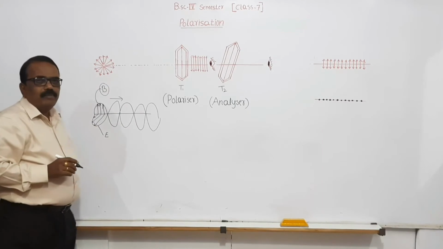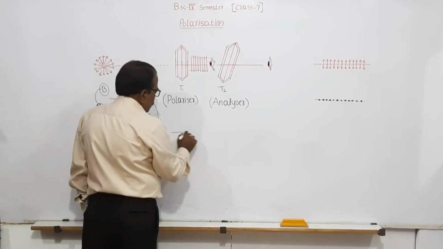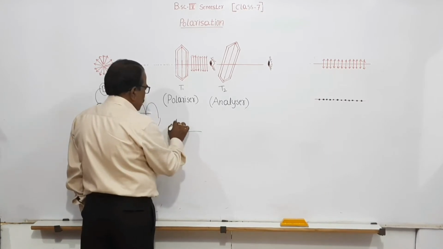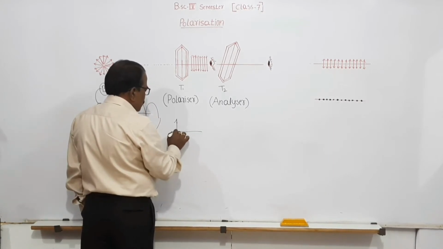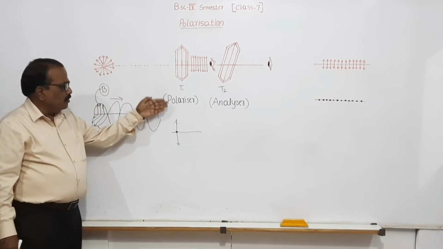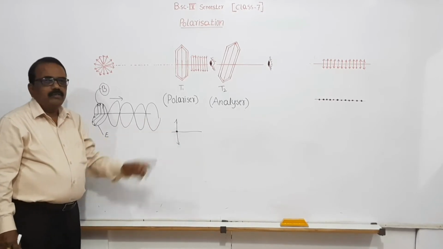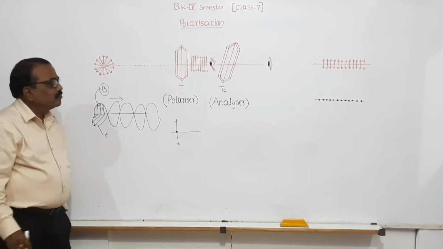For the sake of convenience, we are considering only two vibrations perpendicular to each other. So this is one vibration parallel to the board, and this is another vibration perpendicular to the board.